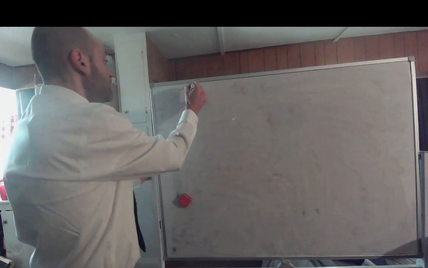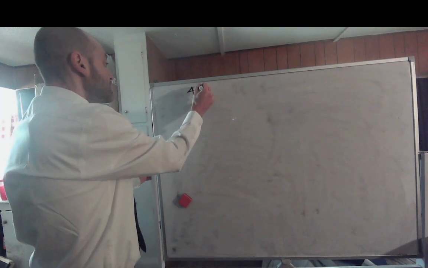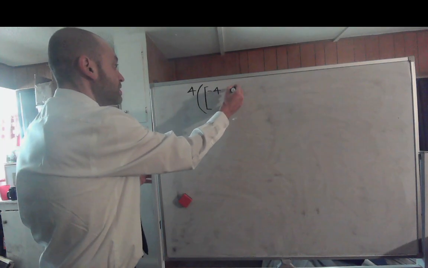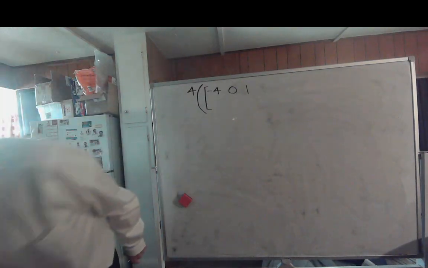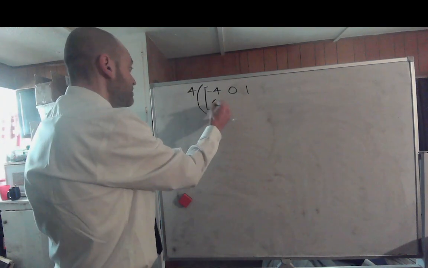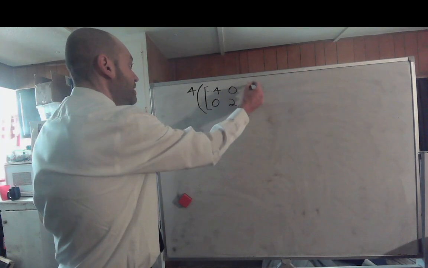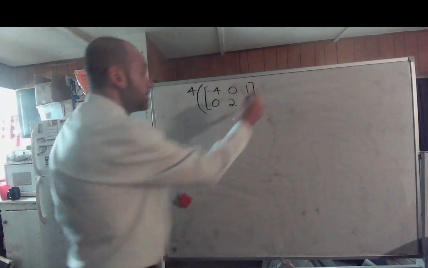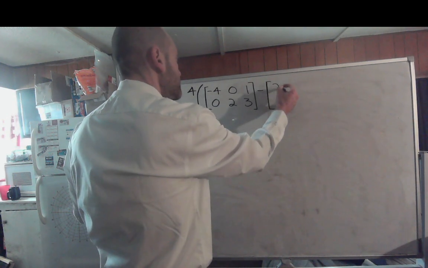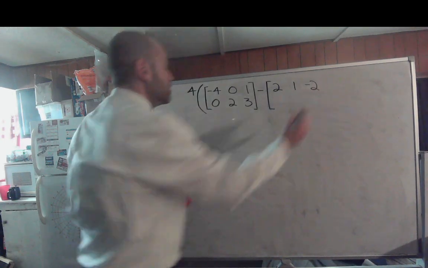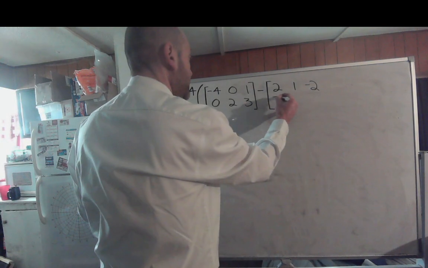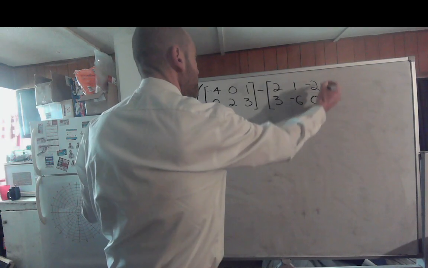So we're going to take 4 times the difference of these two matrices, -4, 0, 1, 0, 2, 3, minus 2, 1, -2, 3, -6, 0.